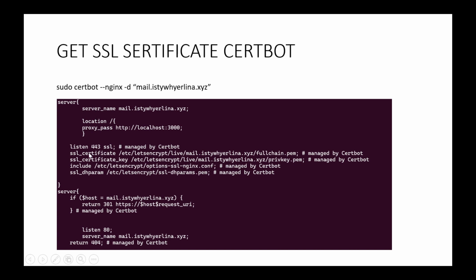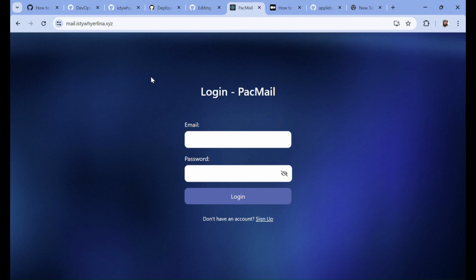It already added that it can listen on 443, which is the HTTPS port, and this SSL certificate has been published in this path, and it's all managed by Certbot. And voila, it should be working, and it can be accessed anywhere over the internet now with HTTPS at mail.styrina.xyz.